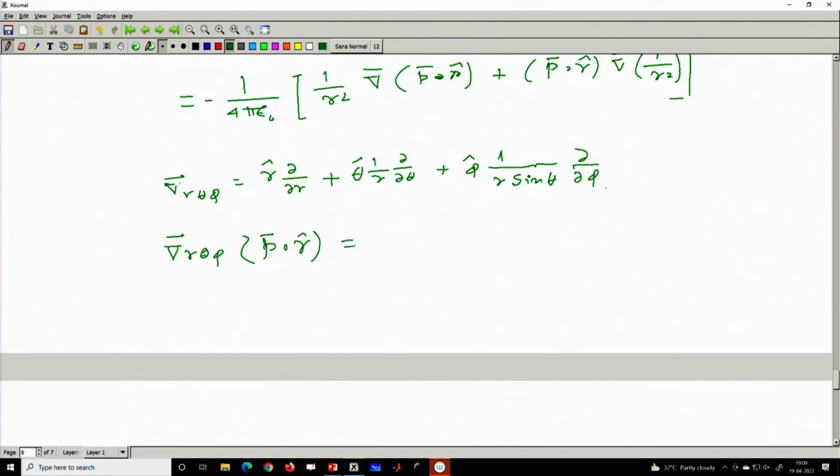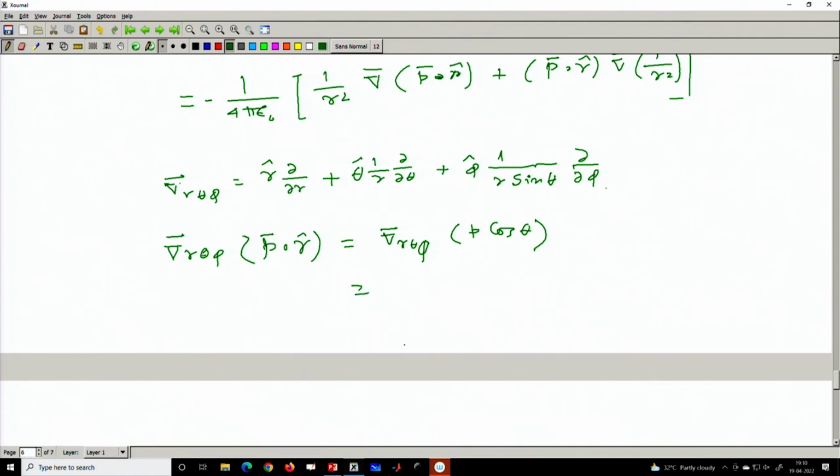and that eventually gives me operator R theta phi, and P dot R is simply P cos theta, right, because the angle between R and P is theta. So, that quantity depends on theta. So, all the other components will not be there.